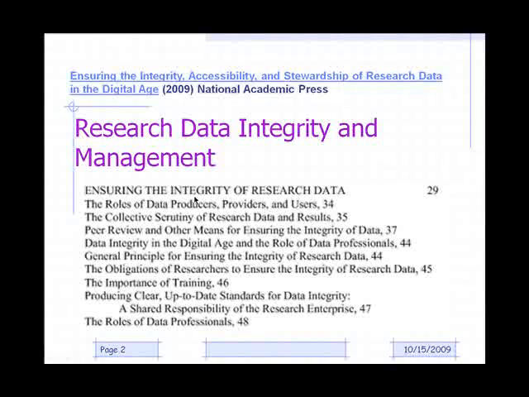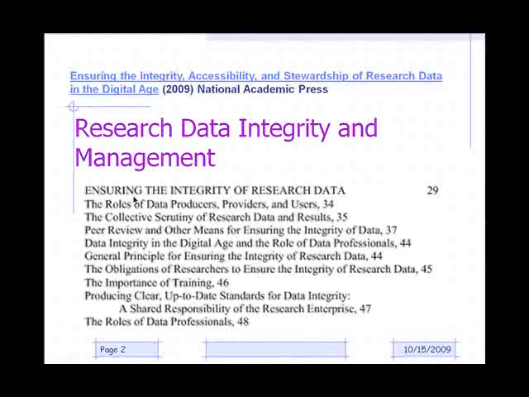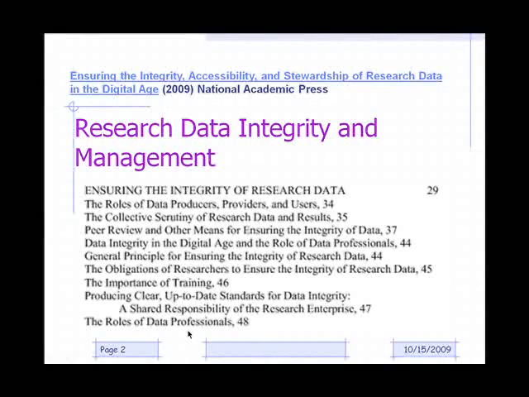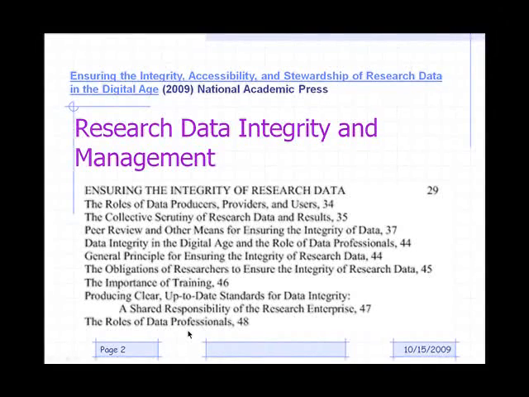So I pulled just a bit from the table of contents for this chapter called Ensuring the Integrity of Research Data, just to see where the trends are going and the demands placed upon the research professionals and their technical staff and trainees as well.